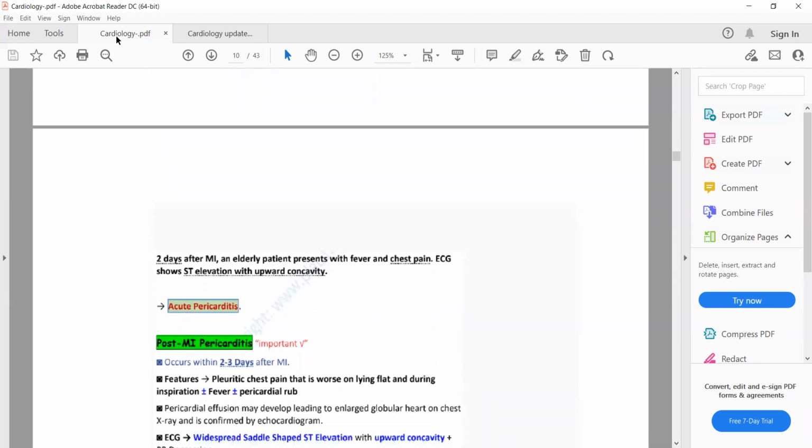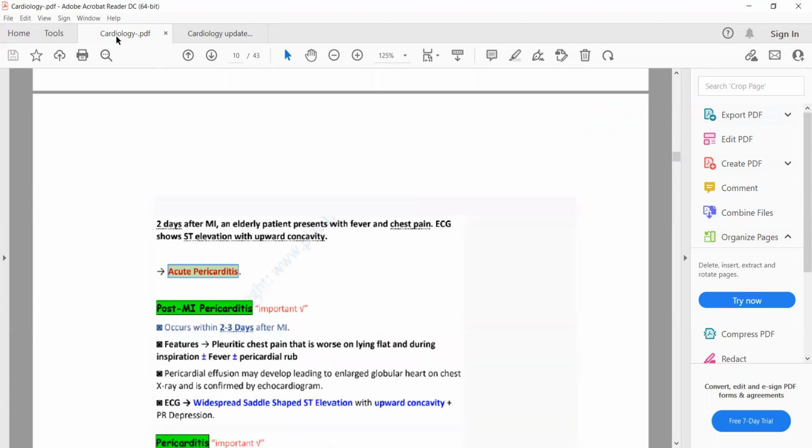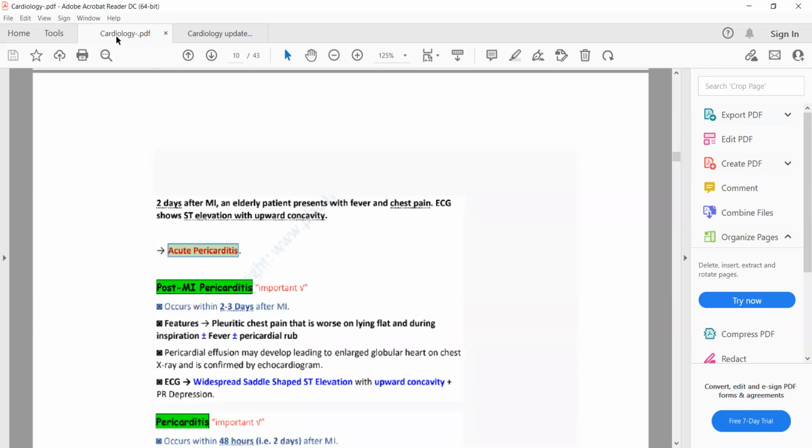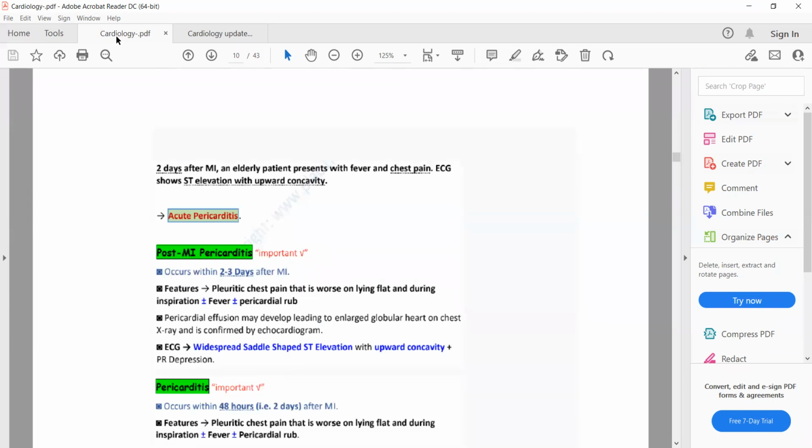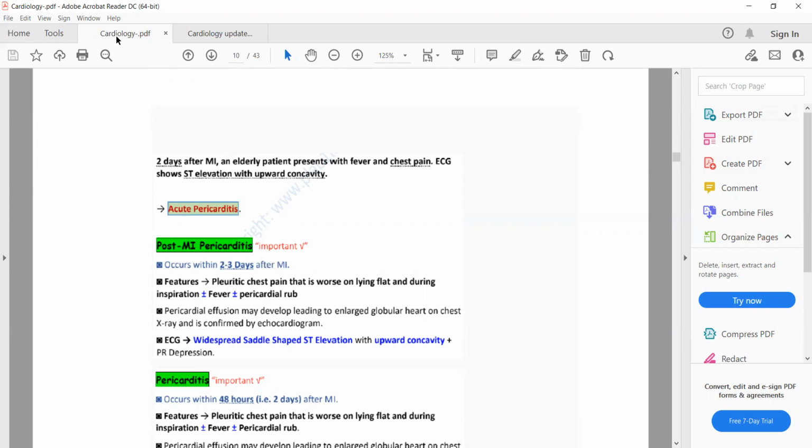So after 24 hours, the most important complication that can develop after MI is pericarditis, or acute pericarditis. In MI, necrosis or death of myocardial cells occurs.